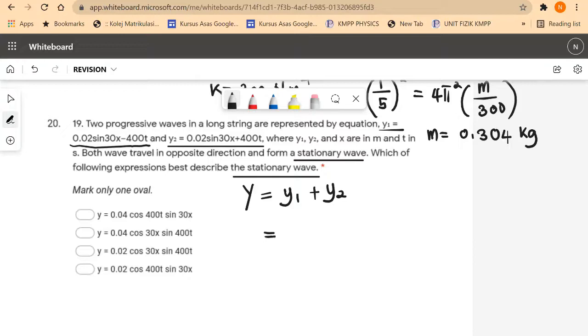So the amplitude will be double, 0.02 times 2 equals 0.04, and then this becomes cos kx, so cos 30x, sin omega t, sin 400t. So the answer is B, 0.04 cos 30x sin 400t.